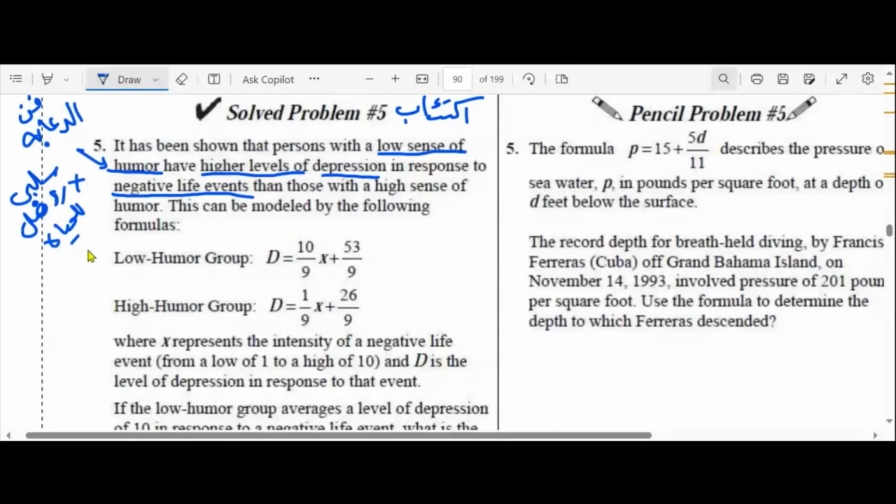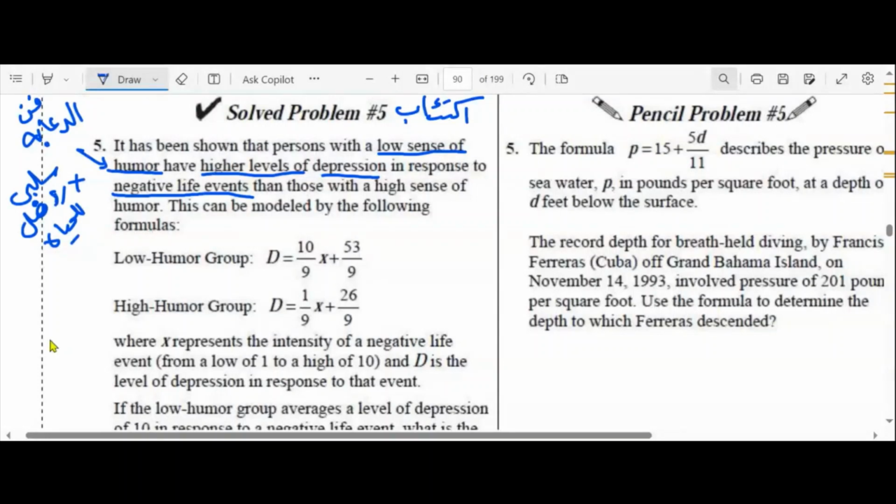This can be modeled by the following formulas. Low humor group, D equals 10 over 9 x plus 53 over 9. High humor group, D equals 1 over 9 x plus 56 over 9. Where x represents the intensity of a negative life event, from a low of 1 to a high of 10, and D is the level of depression in response to that event.